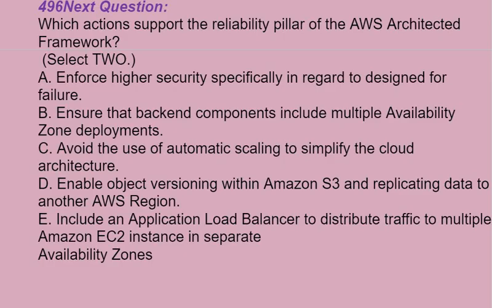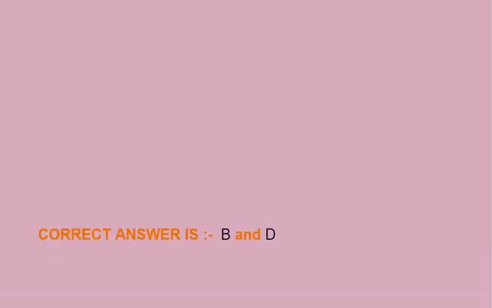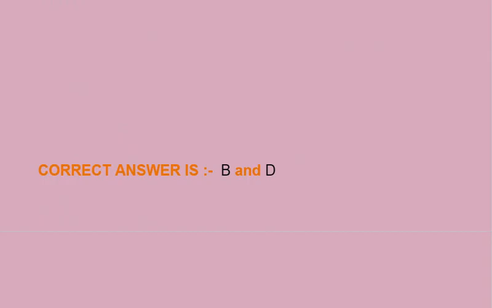Option D, enable object versioning within Amazon S3 and replicate data to another AWS region. Option E, include an application load balancer to distribute traffic to multiple Amazon EC2 instances in separate availability zones. Correct answer is option B and option D.